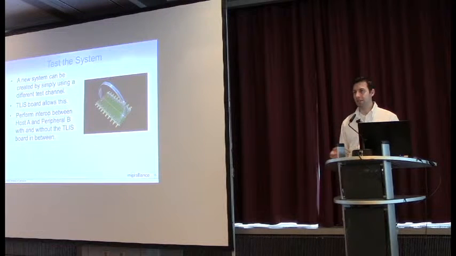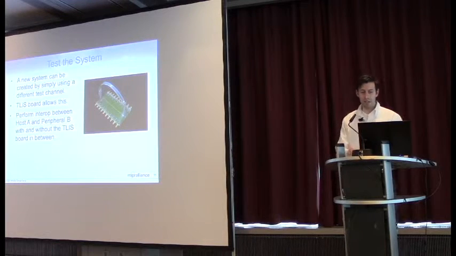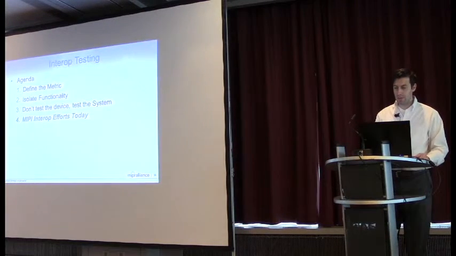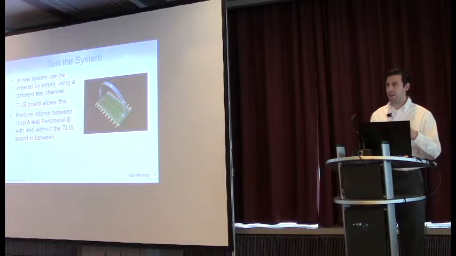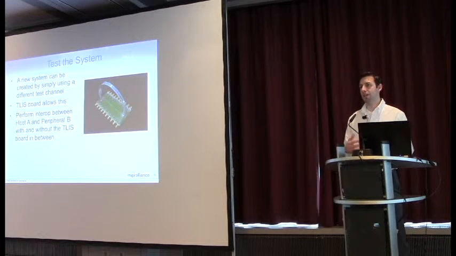And we prove that it works. Great. But now we should try it again in a more difficult environment. And that's what the TLIS board is for. You can substitute the TLIS board in, and now you're testing the same panel and the same host over a much more difficult channel. So you've changed the system.